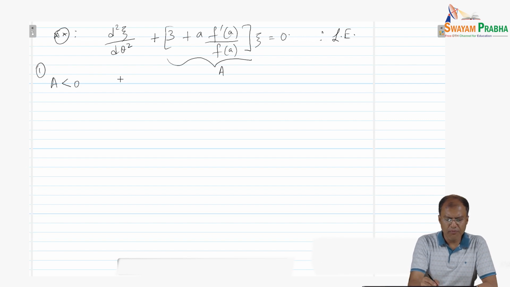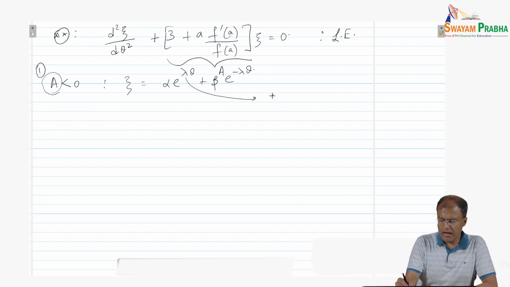When A is negative, we expect that zeta will have the form A e to the power lambda theta plus b e to the power minus lambda theta, and we see that since A is negative, lambda will be positive, and we expect the solution to blow up.